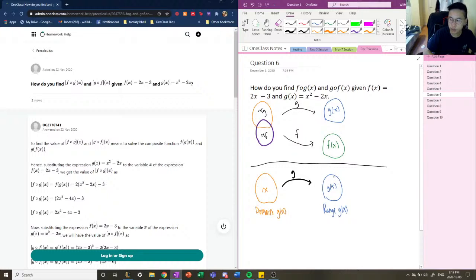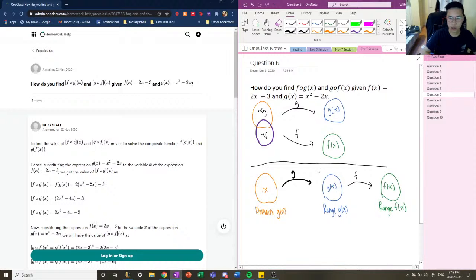So let's say that the range of g of x is the middleman or the domain that's going to be acted on by the function f. That means that function f takes the valid values of g of x, and it uses that to produce its own values. Okay, so f produces what we have here as f of x, which is the range of f of x.